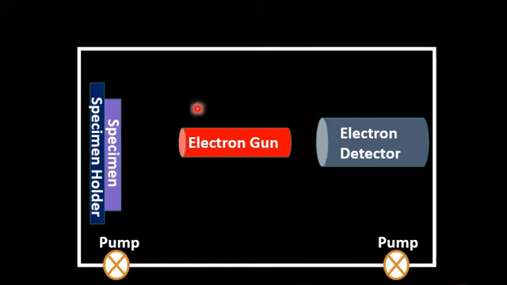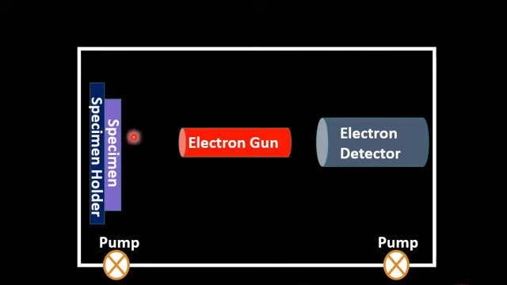Electron beam gun is present in Auger electron spectroscope. The electron gun emits a stream of electrons and directs it onto the surface of a specimen.